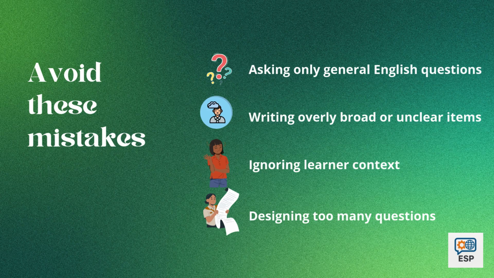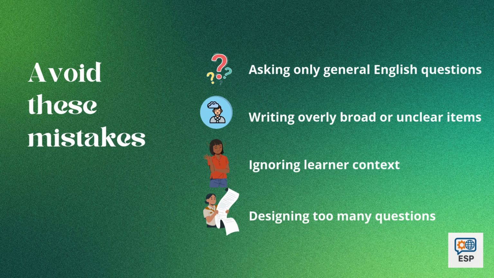So really important stuff. Also, if you fall into these traps, then you're potentially not doing an ESP course, but in fact doing an EGP course. Very important. It's something that you continually need to be monitoring.